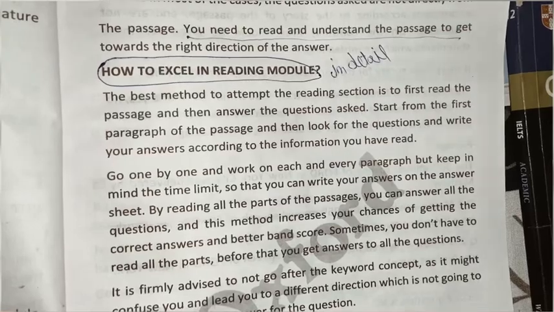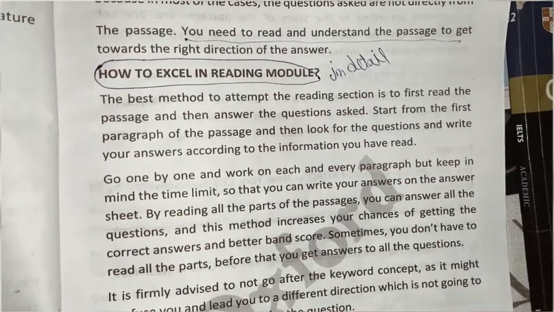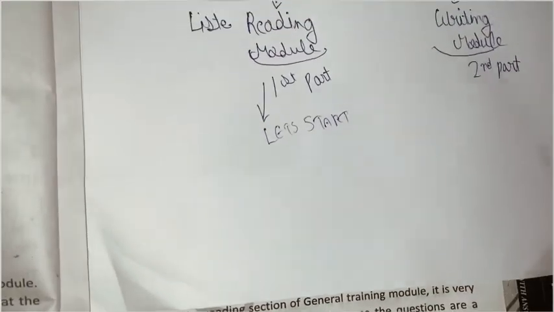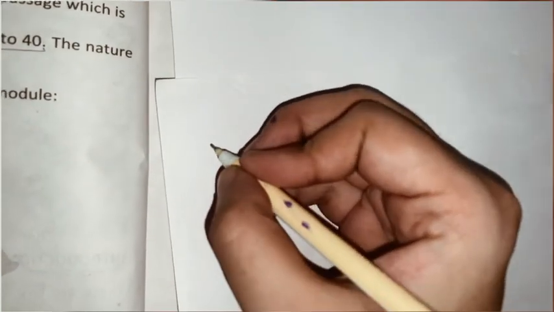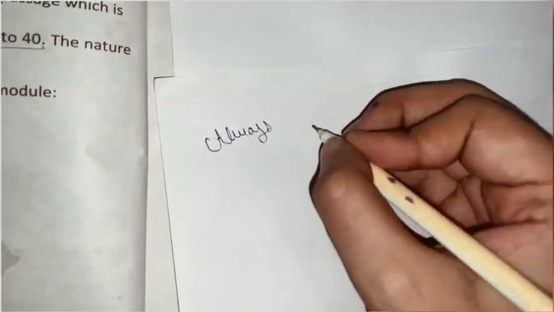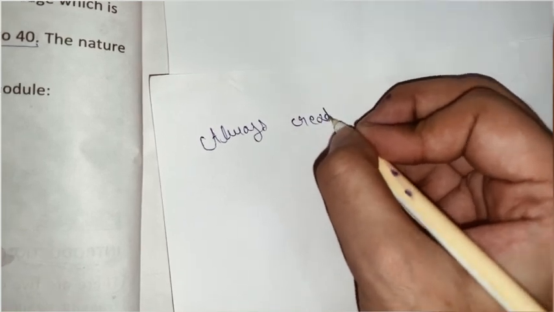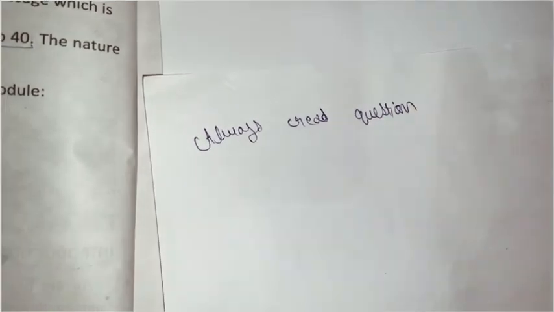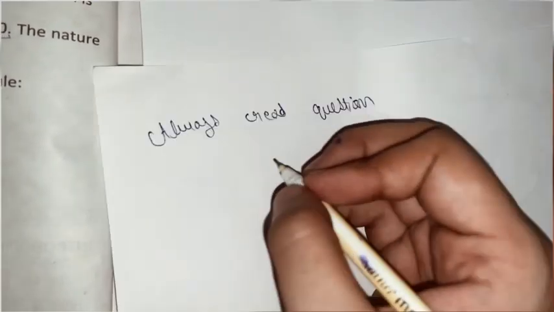The best method to attempt the reading section is to first read the passage, and then you should answer the questions. It is very helpful for you. Like, if you have read the question first, then you will also know what the answer should be.